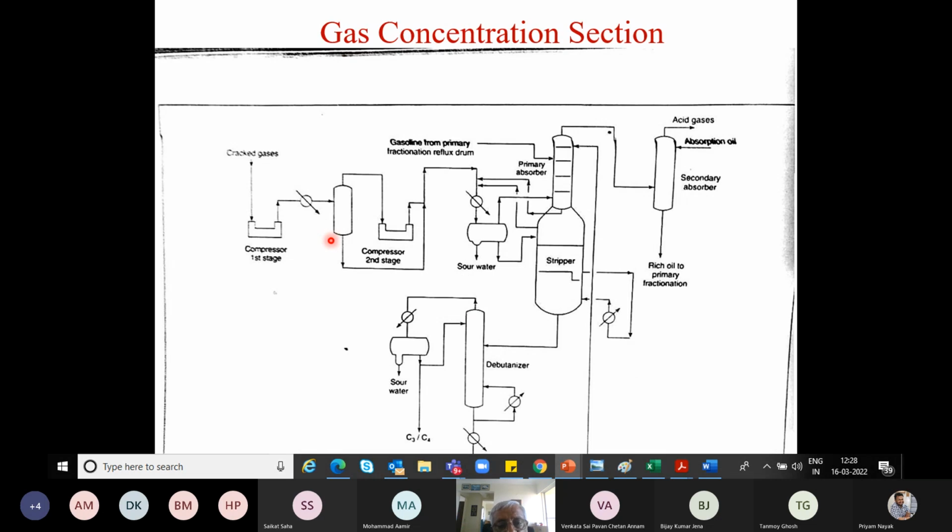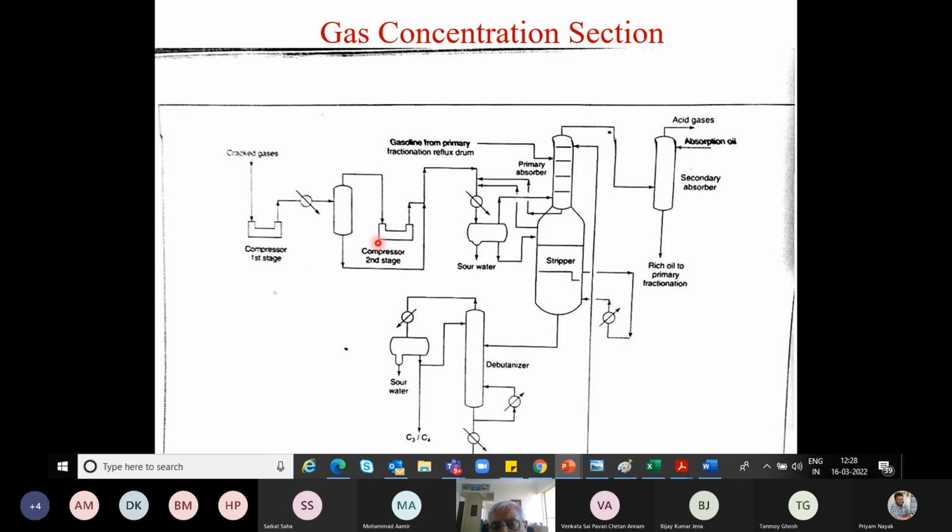So we need a compressor then. It is a two-stage compressor. The gas comes in, goes through the first-stage compressor, and gets cooled. Whatever condenses out gets condensed out, and then the rest of the gases get compressed again. Ultimately, everything gets collected into a drum, where the pressure that we maintain is about 15 bar, 15 kg per square centimeter.